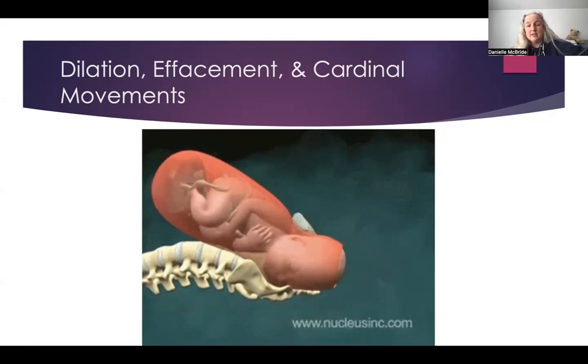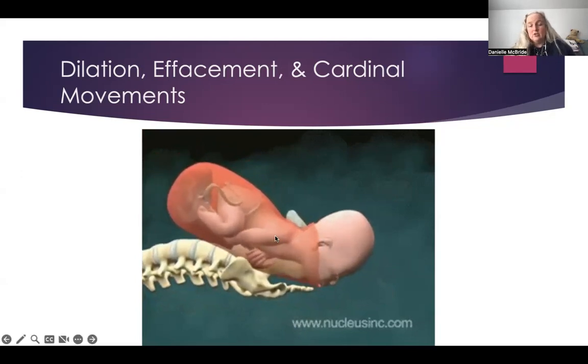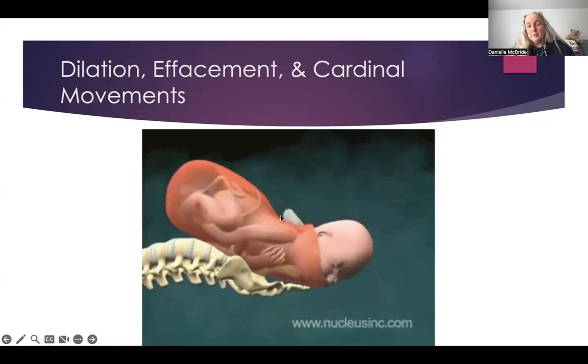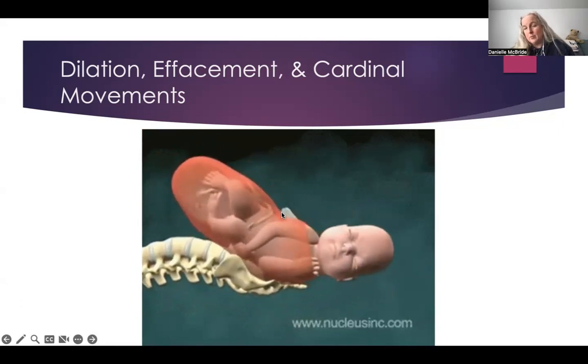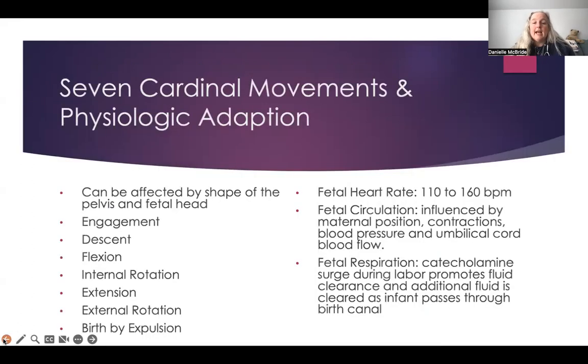And that's an emergency that we'll look at later. So here's this external rotation. If the shoulder's up here caught on this bone, then we have a problem. Okay, so that's our cardinal movements. And what's happening with the baby during this time in labor is we have changes happening in the fetal circulation.